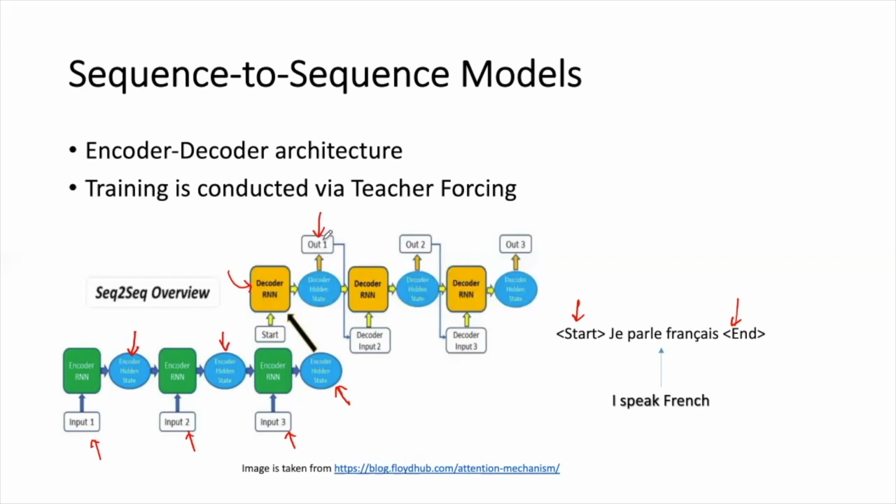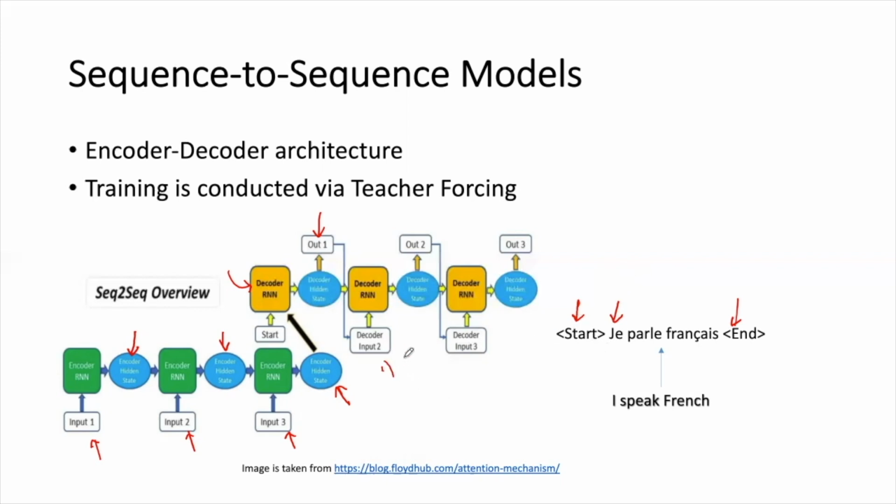Now, once we generate the first output word, we pass that output word as an input to the next step. Let's say, for example, the first word is J. Through our word embeddings, we have a representation for J. So the vector representation for J is what is passed here.